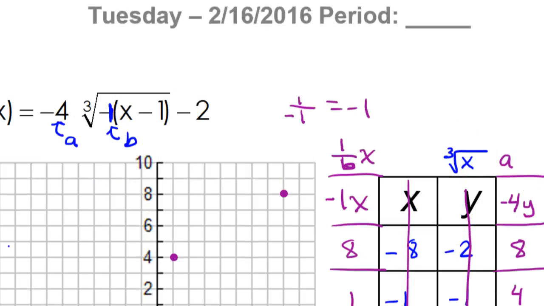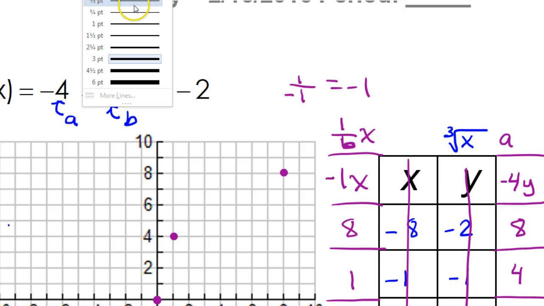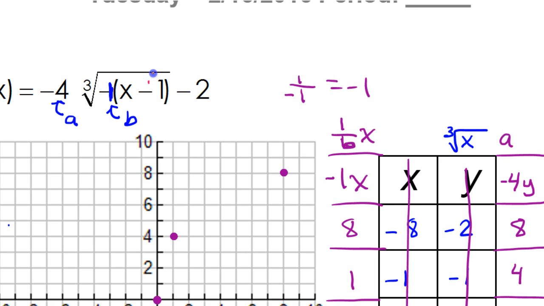But what we haven't done yet is the up, down, left, right shifting. So this -1 means we are going to go to the right one. Okay, so the opposite of the way that you would think. This is our up-down number, and it works just like you would think, so this will be down 2.